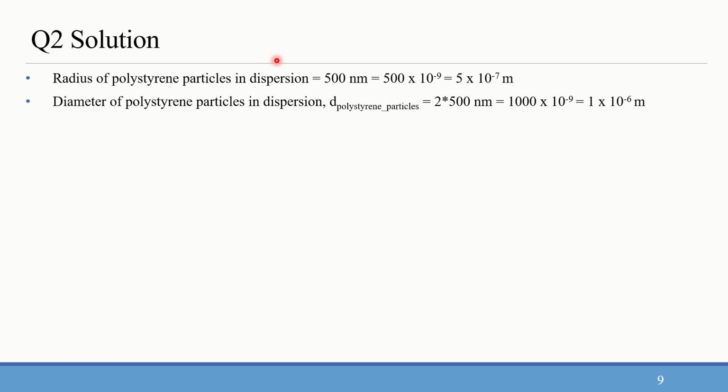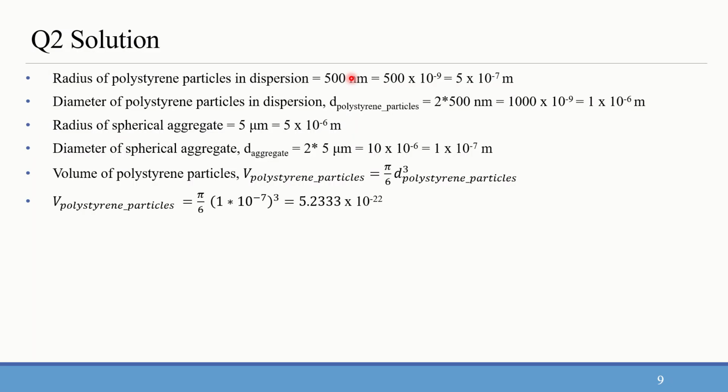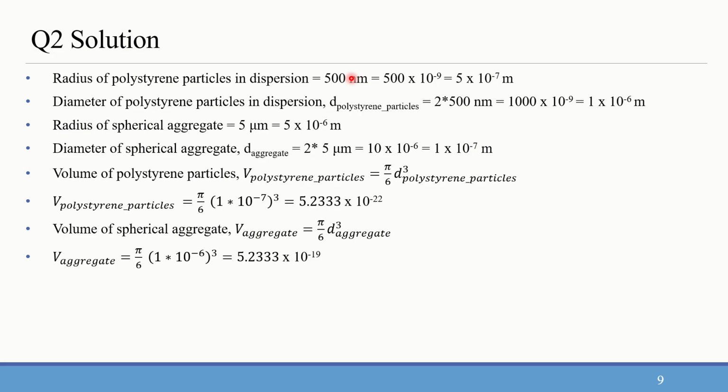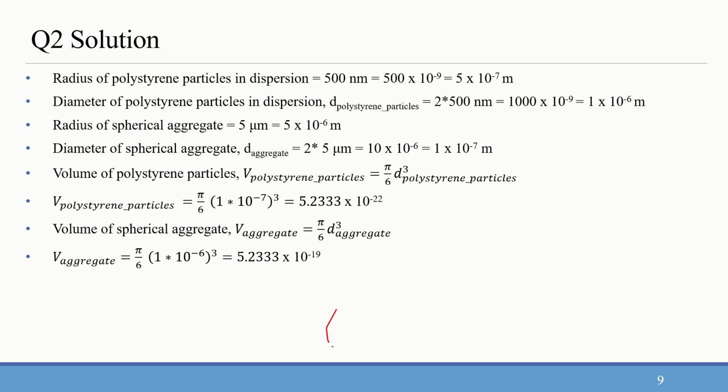So the radius of polystyrene particles is given. We calculated the diameter of polystyrene particles, and the radius and diameter of the aggregate. We calculated the volume of polystyrene particles and the volume of the aggregate using the formula pi by 6 dp cube. Let us consider this the volume of a single particle, and these particles make up the polystyrene aggregate.